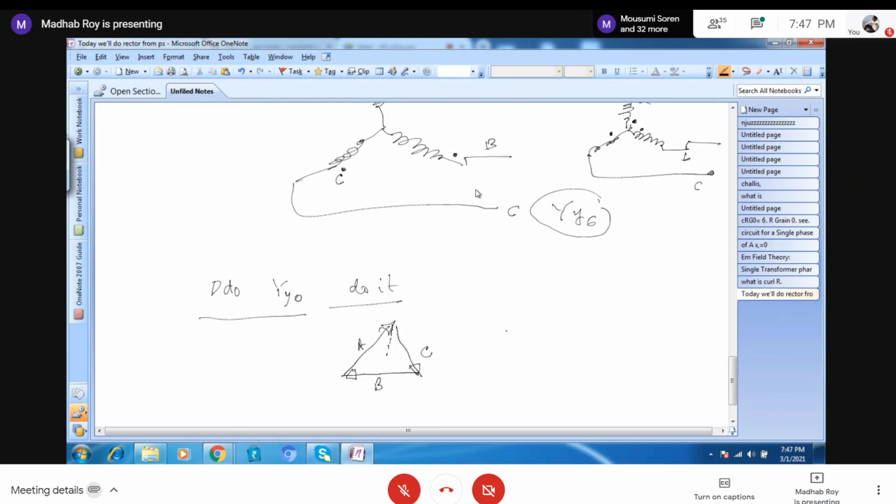Similarly for the secondary also you can do the same thing. The low voltage will be there, A. This will be B. This will be C. Okay. There also you see that the same phasor is there, so that connection is called DD0. So this is the connection of DD0. And correspondingly the winding also you can make the connection of.